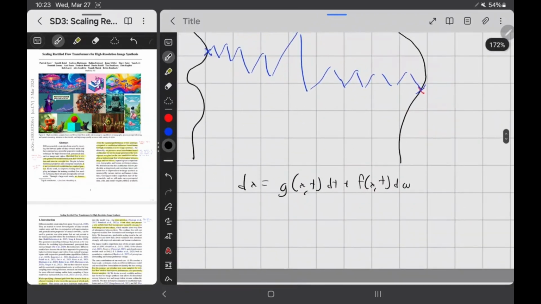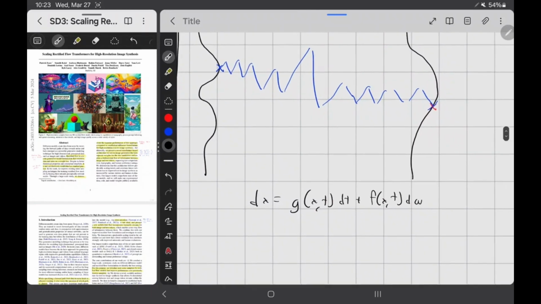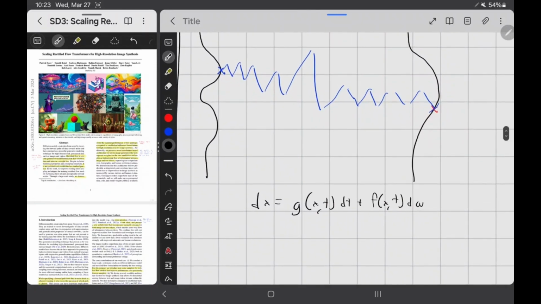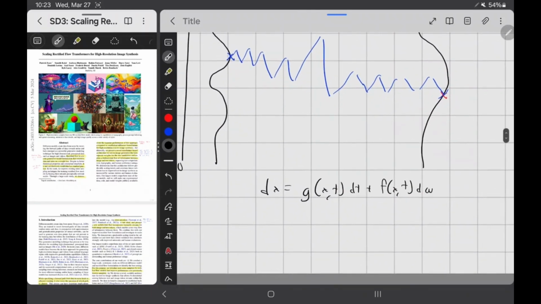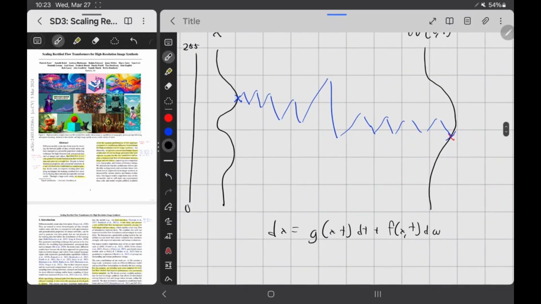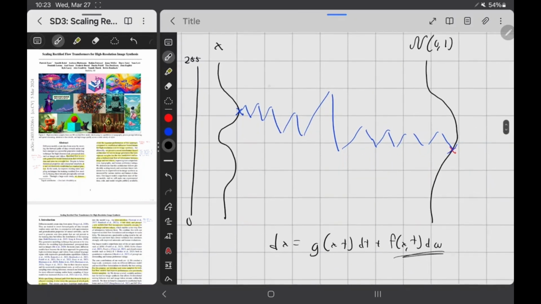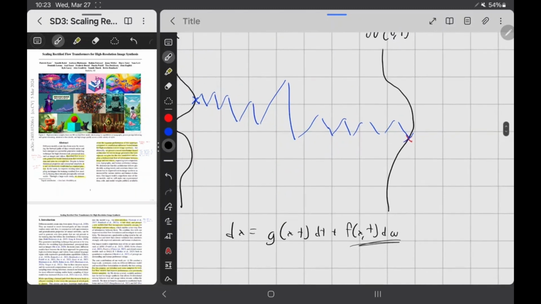It's basically an ODE, but you have your noise here, saying you know the direction you're moving, and the noise term just adds a little stochasticity to it. So instead of going straight to some part of the Gaussian, you have this noise term which stochastically gets you to some part of the Gaussian, so it's random where you're going.